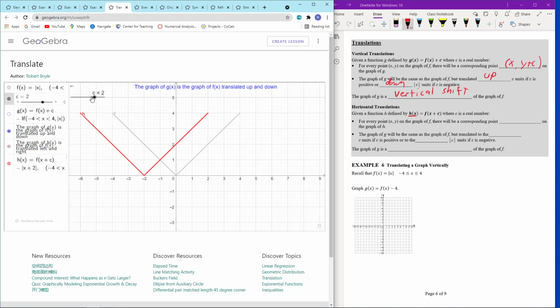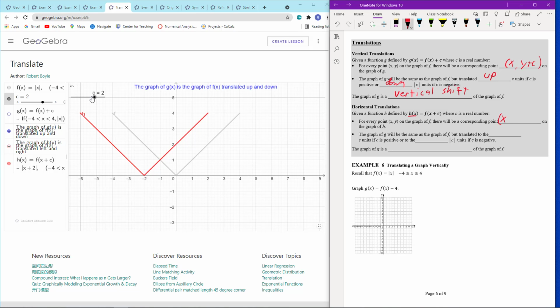Notice then that for every point (x, y) on the graph, we have the point (x minus c, y) on the shifted graph. To illustrate that, here is our point (0, 0) on the origin. Here it is, 0 minus 2, so (minus 2, 0) on the shifted one.